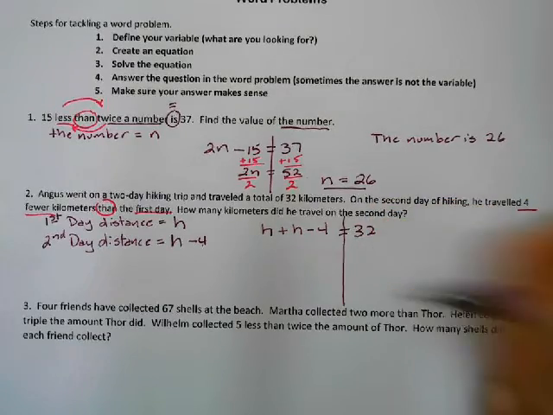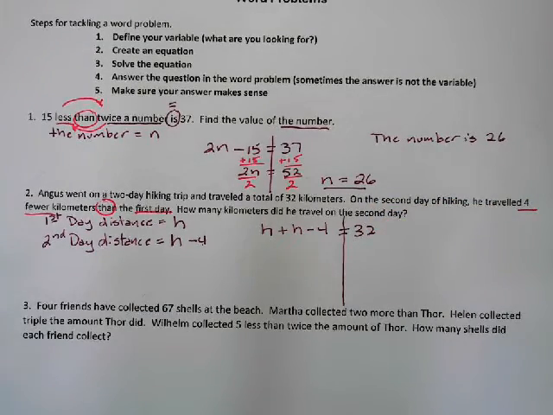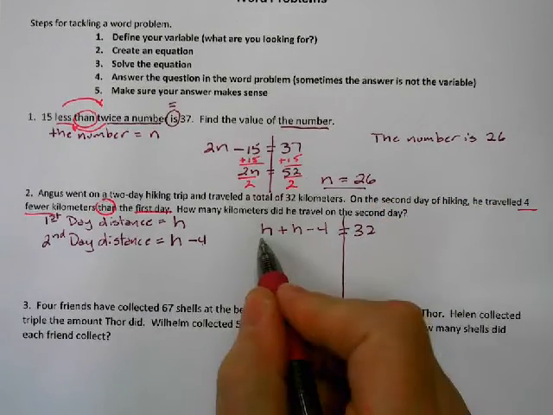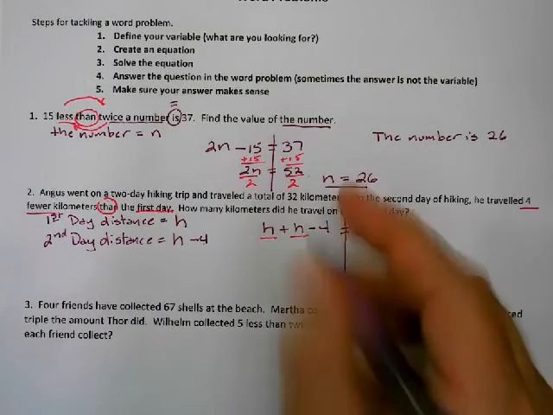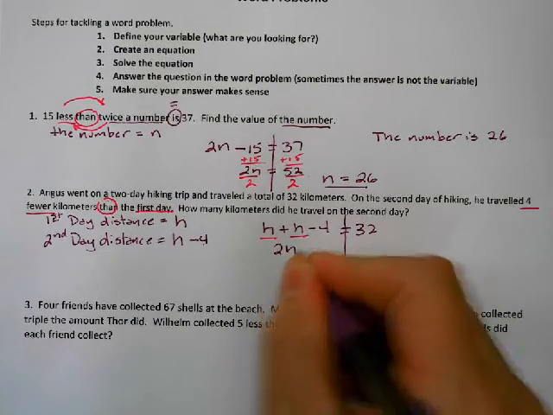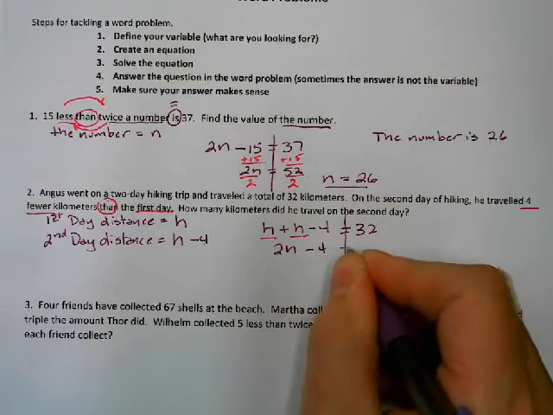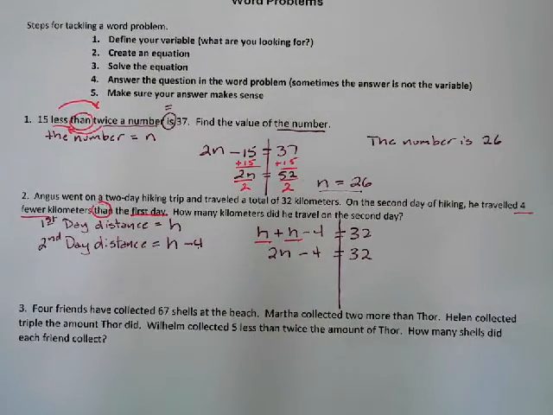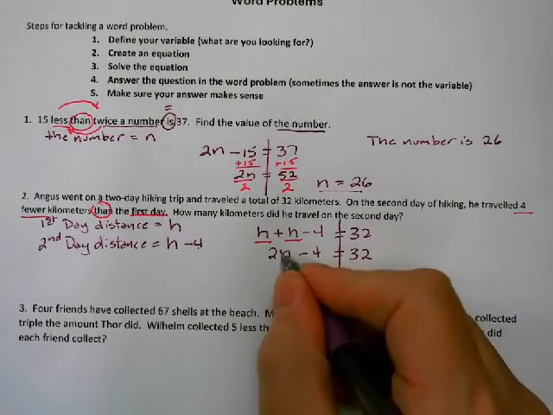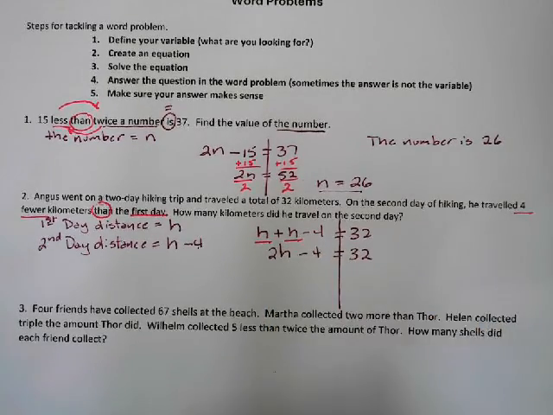All right, there we go. So we are going to combine our like terms. We get 2H -4 equals 32. That looks like an N, not an H. There we go, better. All right, we're going to use our addition property of equality.